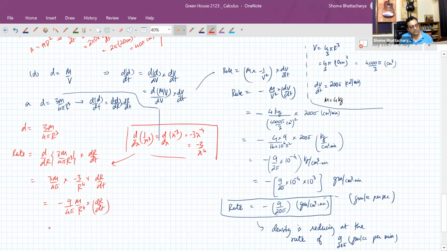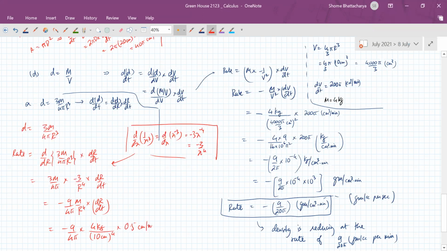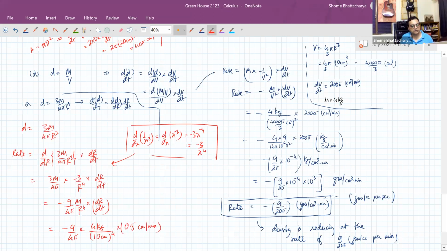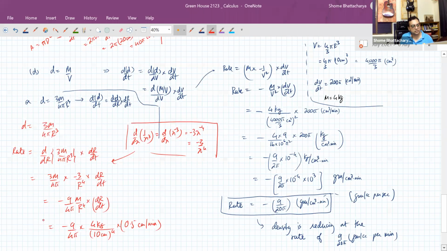This will actually be easier to handle. So 9 by 4 pi into 4 kilograms, into the radius was 10 centimeters, so to the power 4, into the rate of change of radius, which was 0.5 centimeters per minute. Hopefully it should give us the same value unless we made some mistake.